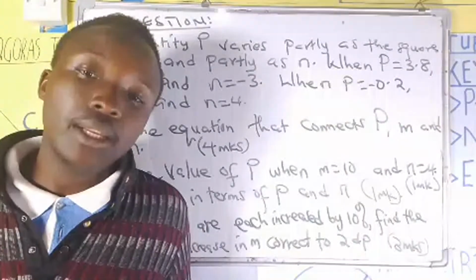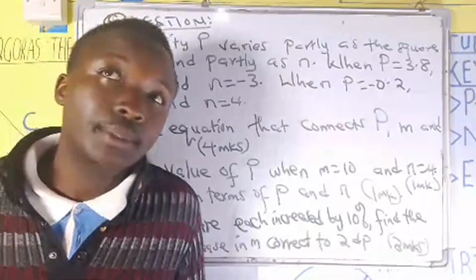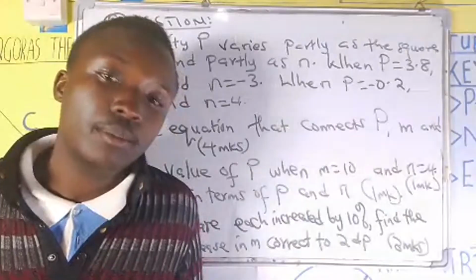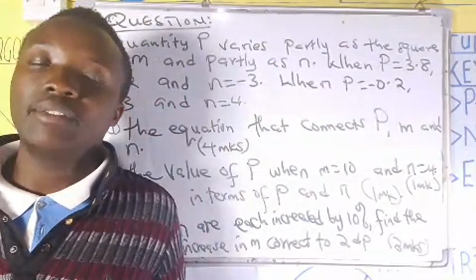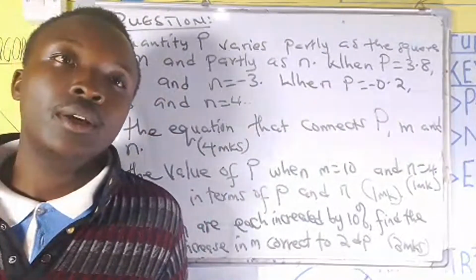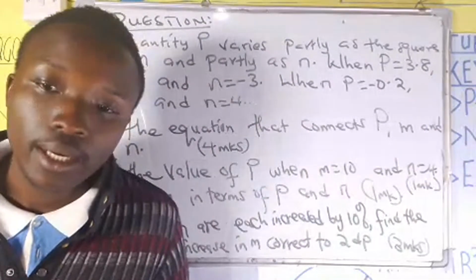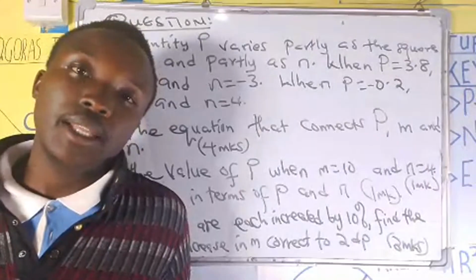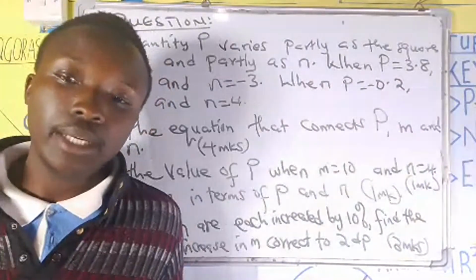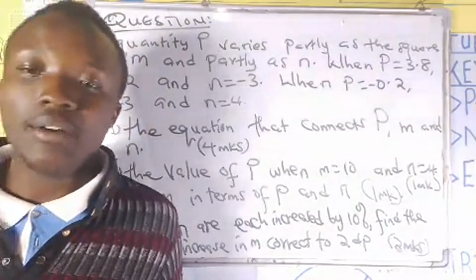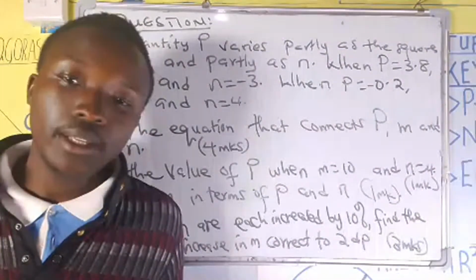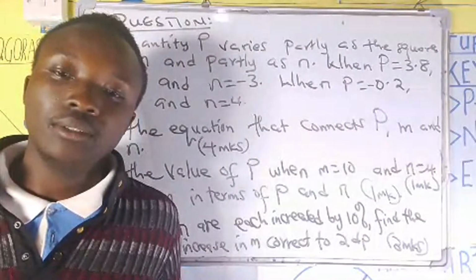Once we are done with rate of work, we will proceed to probability, and after probability, we will check income tax and also errors and their propagation, that is approximation and errors. We still have so many topics to do in form 3, and I believe that we are going to achieve our target.